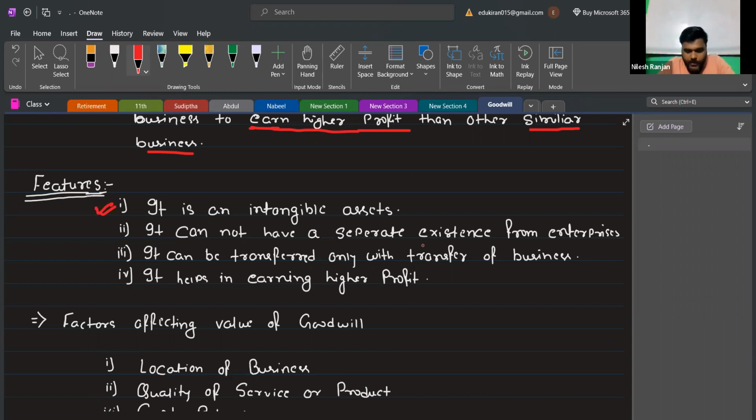Okay, sir. You go to a market and you want to buy a cold drink. Which cold drink do you prefer? Pepsi. And Aditya, Mirinda.